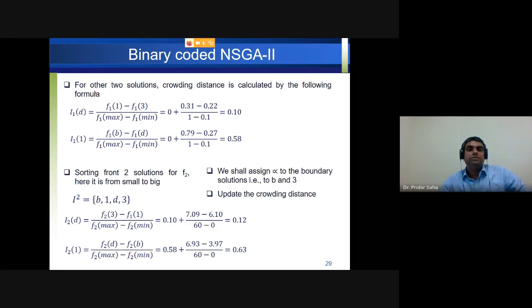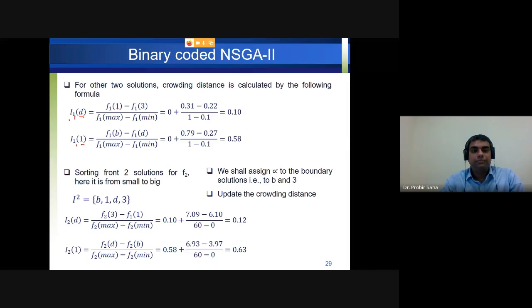For 2 solutions, I have already set infinite, but the other 2 solutions I have to find out. So this is for function 1, solutions D and 1. I have to find out the crowding distance with respect to objective function 1.